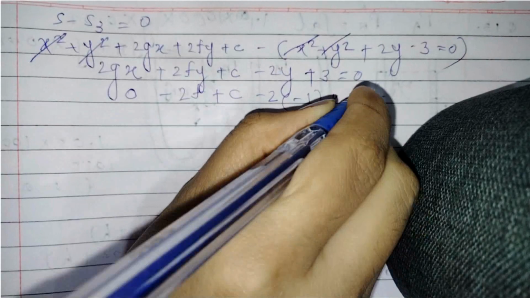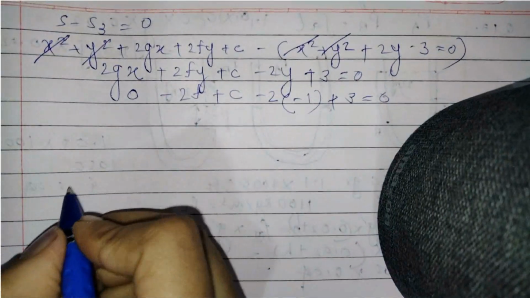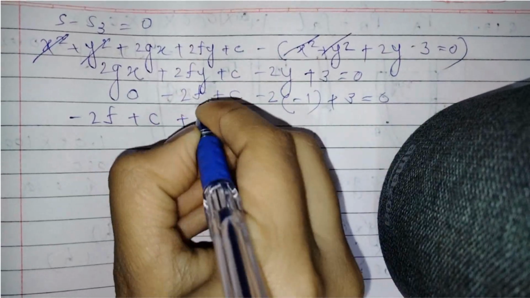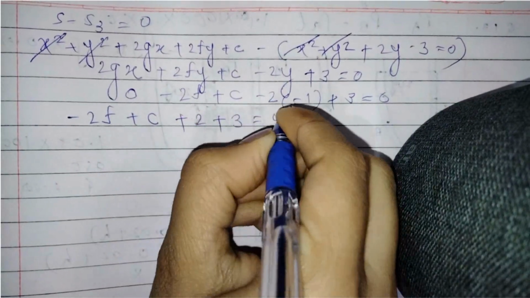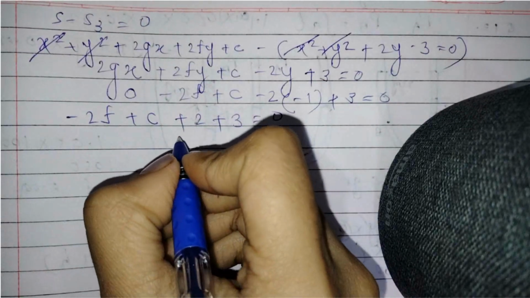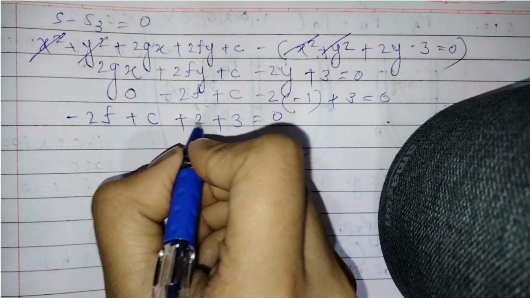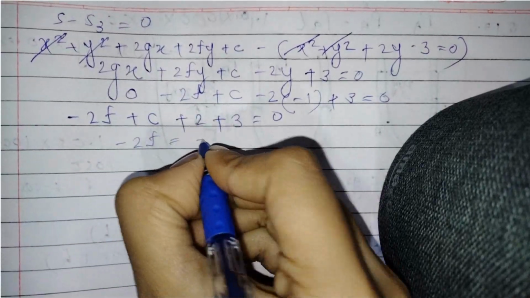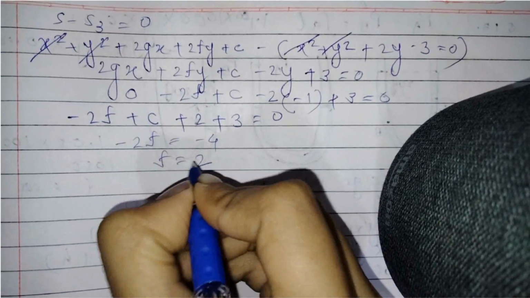Plus 3 is equal to 0. So this is minus 2f plus c plus 2 plus 3 is equal to 0. We also know c, which is equal to minus 1. Right? So 5 minus 1, 4. Minus 2f is equal to minus 4. So f is equal to 2.